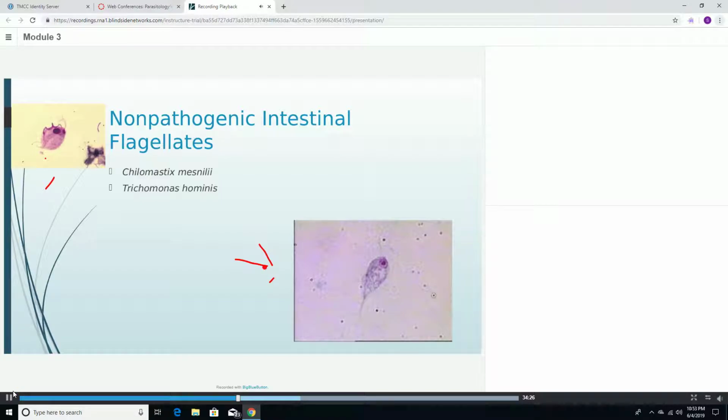I want you to note that on the Chilomastix mesnili, we have a curved posterior tail essentially, and then we have a rather longer tail on the Trichomonas hominis. So if we go back and look at the Trichomonas vaginalis, you'll note that the tail is a lot longer than in the Trichomonas hominis. So I just want you guys to take some care in looking at these non-pathogenic flagellates, and you can also find them on page 88, and please make sure you draw them.